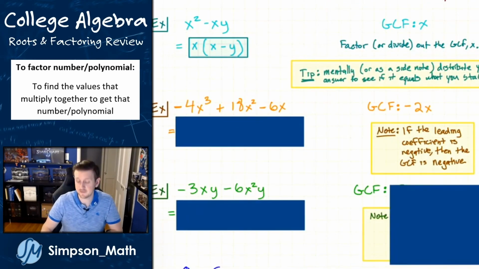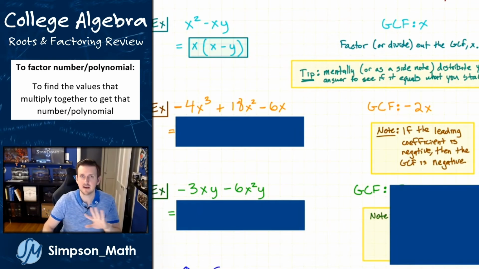All right, so the GCF of these three terms is a negative 2x. Now when I do this, I like to do them separately. I like to think about the numbers and the variables, and if I have multiple variables, I'll look at each variable separately. So numbers first. Well, first, look at that big old leading negative. That's what this note says here, is that if the leading coefficient is negative, then my GCF is also negative.